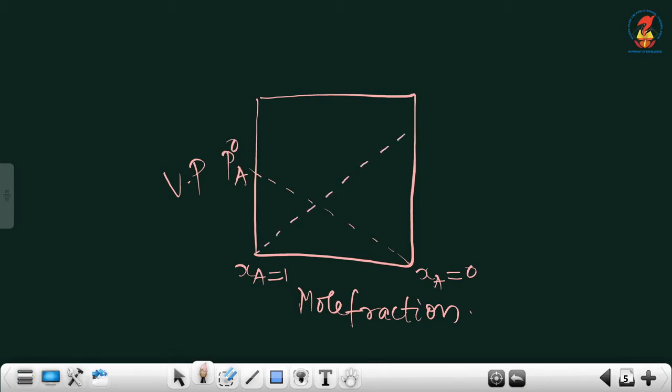Now for component B, we have XB is equal to 0, XB is equal to 1. This is the partial pressure for component A. This is the partial pressure of component B. Now the solid line represents the total pressure. This is the graph of an ideal solution.